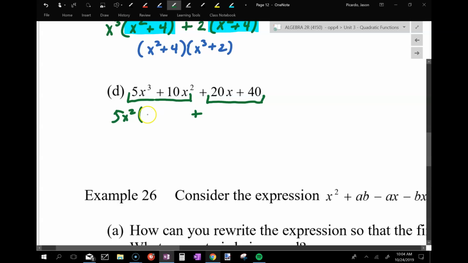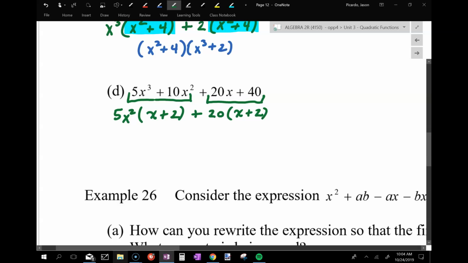X plus 2. All right, and what do you guys want to take out of this? 20, right? And when I take out a 20, what am I left with? X plus 2.